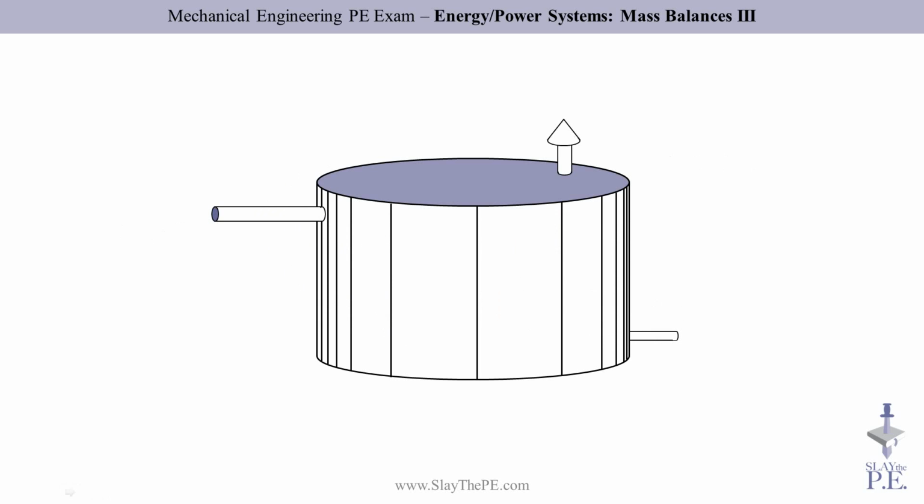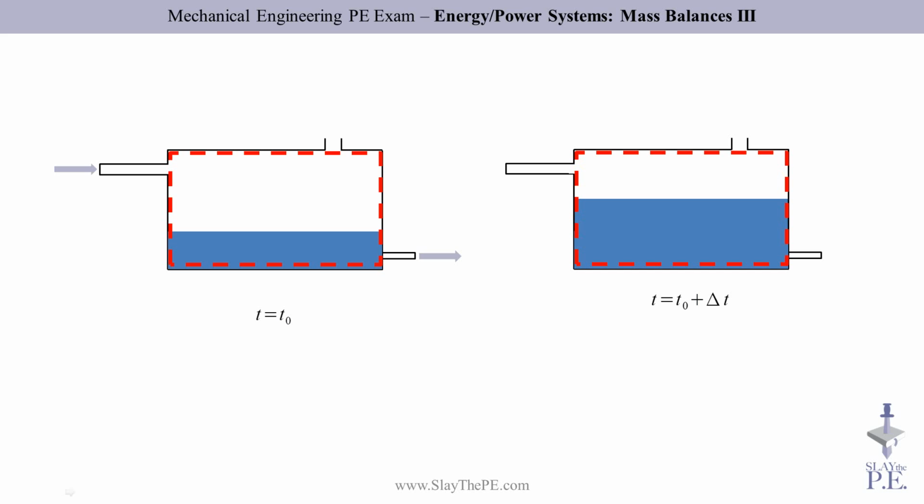Okay, so let's get into actually obtaining the mass balance equation. Consider this example. It's an atmospheric storage tank, and the way it's depicted here has one inlet, one outlet, and an atmospheric vent.